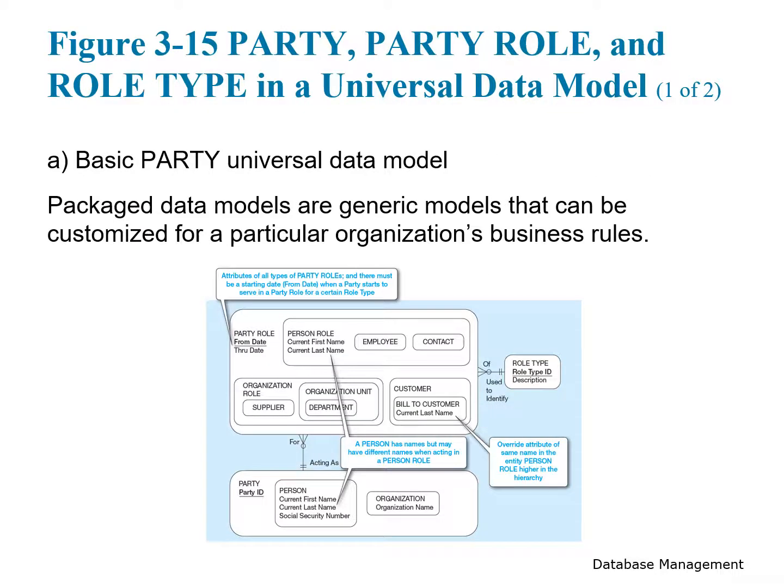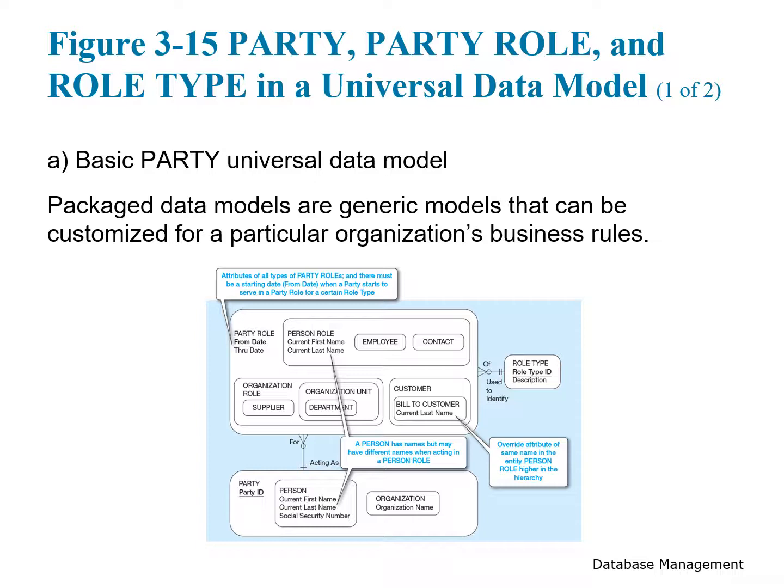Figure 3-15, party role and role type in a universal data model. A basic party universal data model. Packaged data models are generic models that can be customized to a particular organization's business rules. There are attributes of all types of party roles, and there must be a start date, from date, when a party starts to serve in a party role for a certain role type.